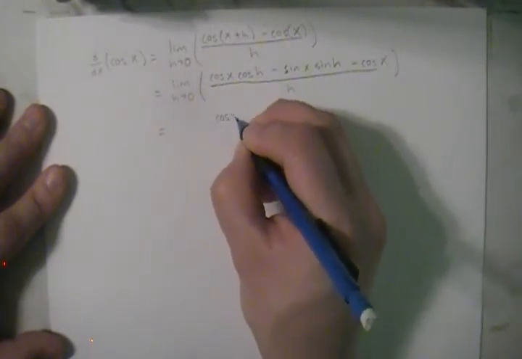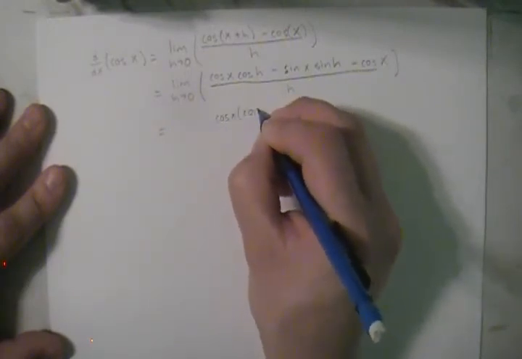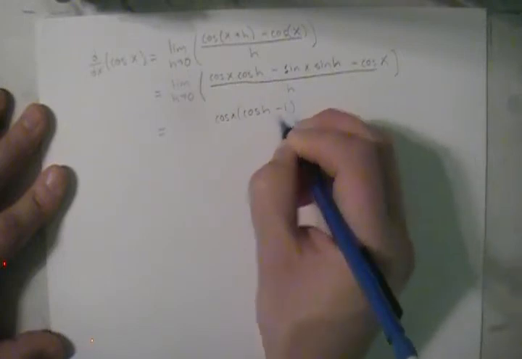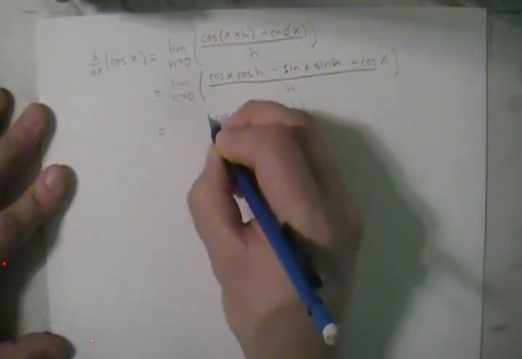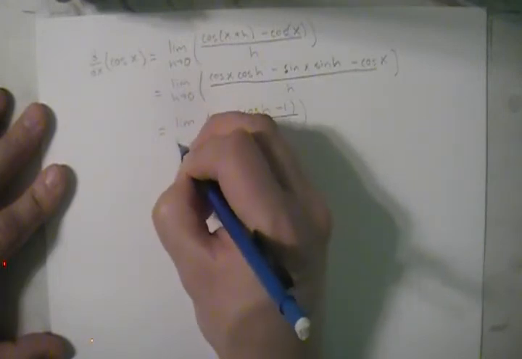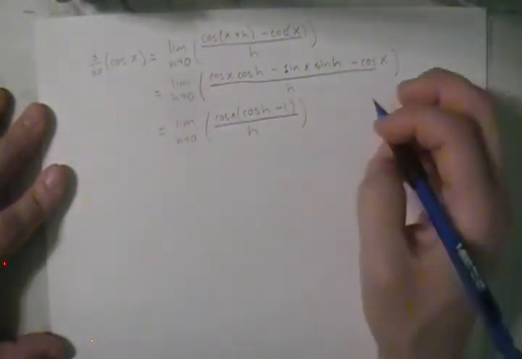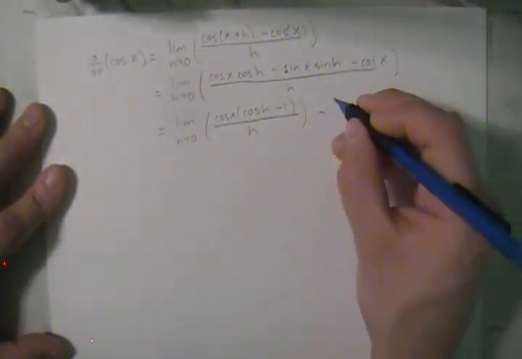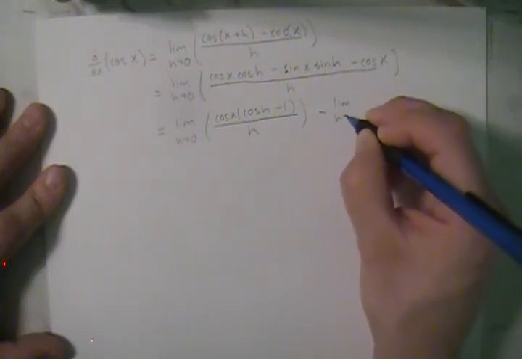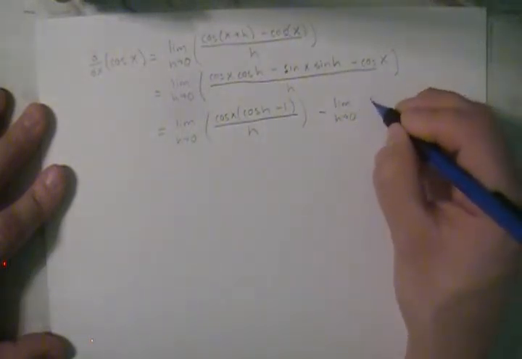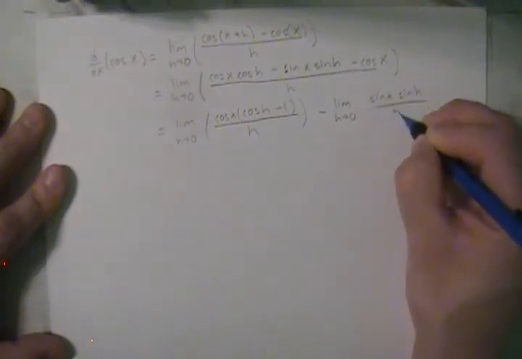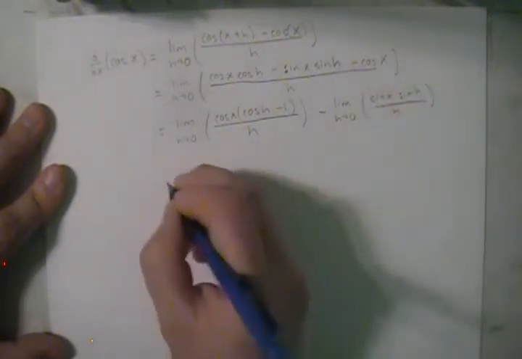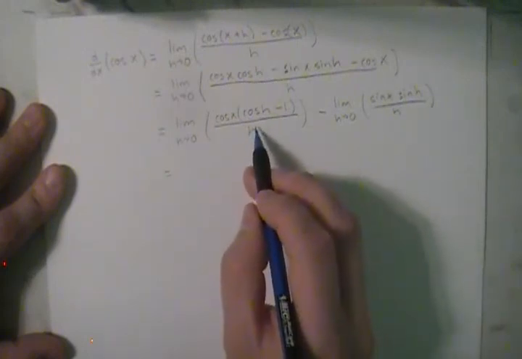I can factor out a cosine x here. That's cosine h minus 1. So it looks very similar to the last problem. Then I have minus the limit as h approaches 0. I'm going to do something similar to last time.